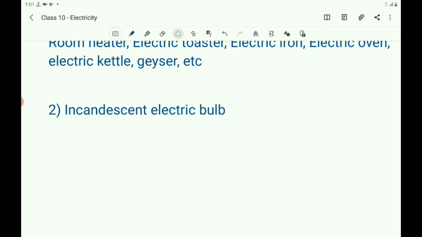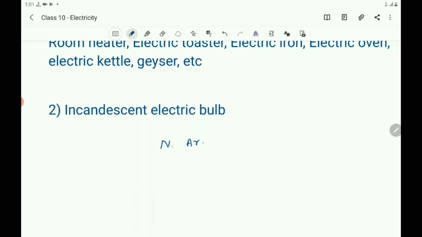It consists of a filament of fine metallic wire enclosed in a glass bulb filled with chemically inactive gases like nitrogen, argon, etc. The filament material should have high resistivity and high melting point.